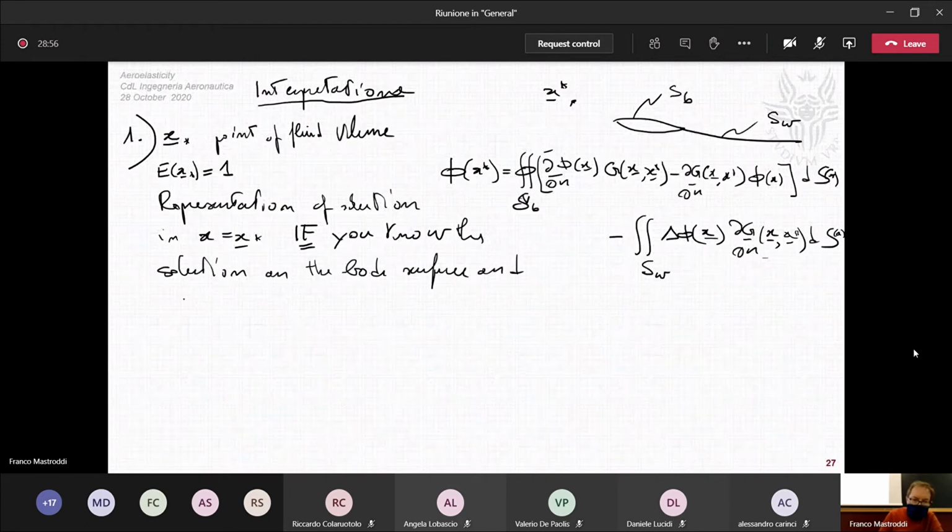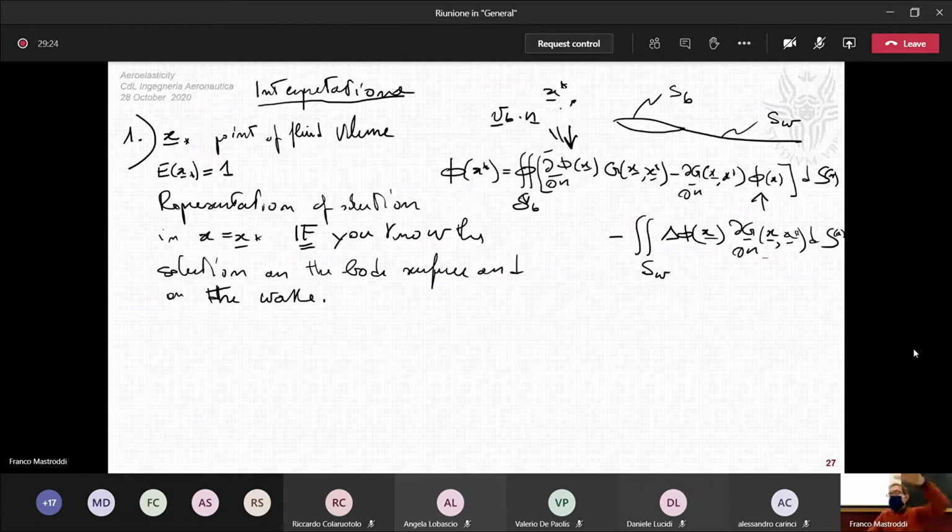In fact, if you know the velocity potential on the body, you know G, you know the dG on the n, of course, and you know this because this is the boundary condition. This is equal to body motion dot n.